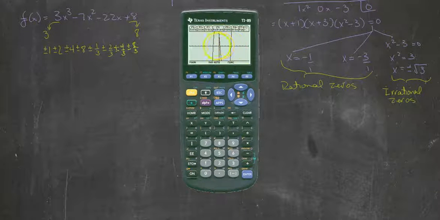I see that there are 3 roots on the graph, and if I can figure out the lower bound and the upper bound, within which my actual roots or zeros fall, then I might be able to eliminate some outside that bound that fit the criteria for the rational zeros theorem, but don't have to be checked because they're not going to work in this situation.